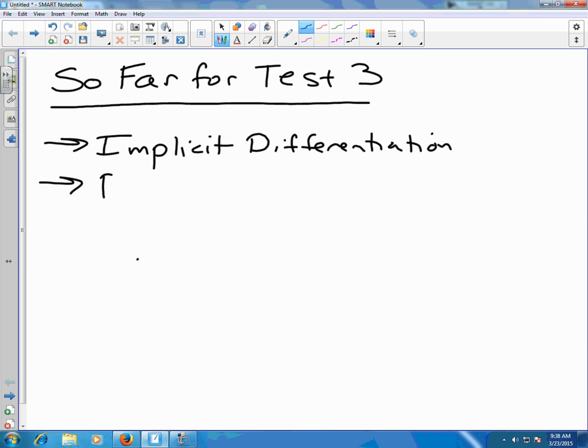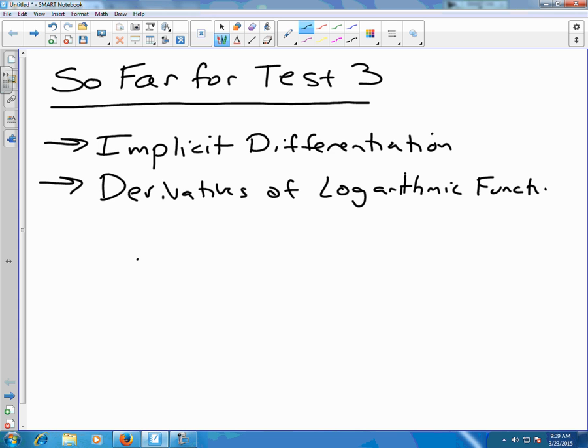Let's see, we did derivatives of log functions. We also did universal trig functions.